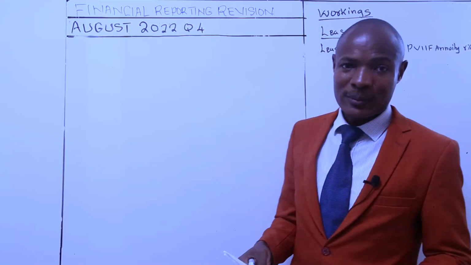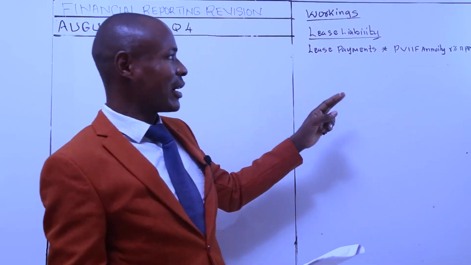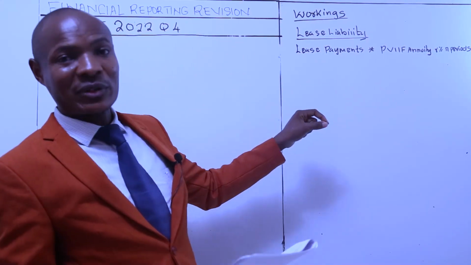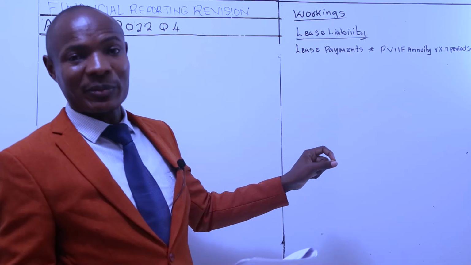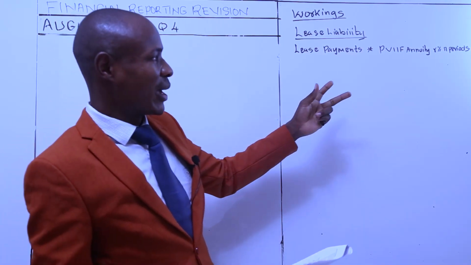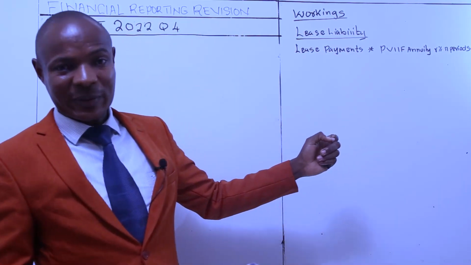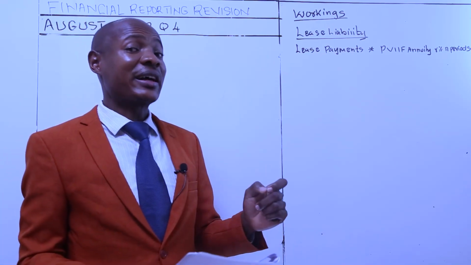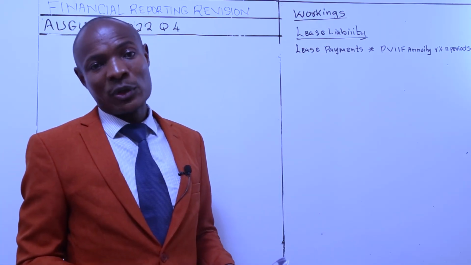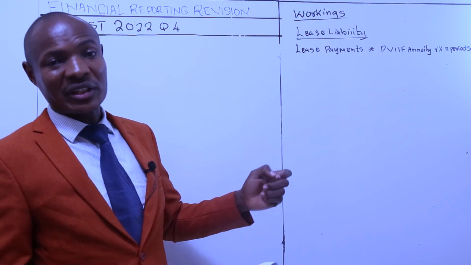That means you take the annual lease payments and discount them back to the present by using the present value of annuity. Remember, we are using the annuity because the lease payments are made at shillings 500,000, which is constant per annum. So we are going to use the present value interest factor of annuity.